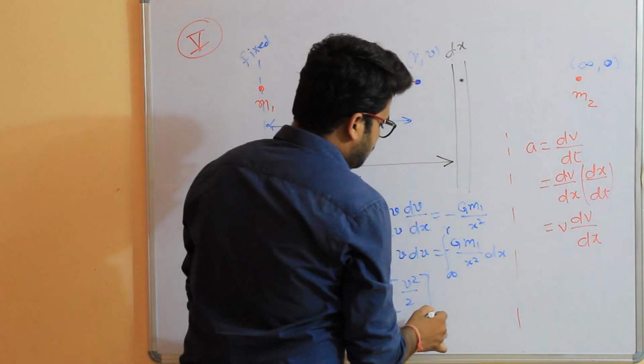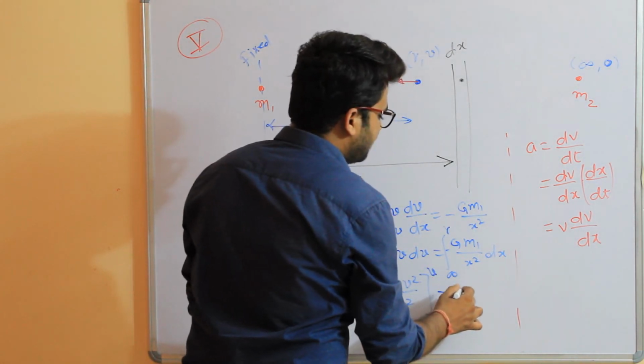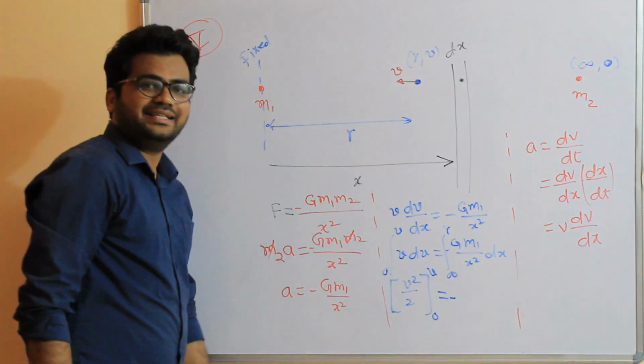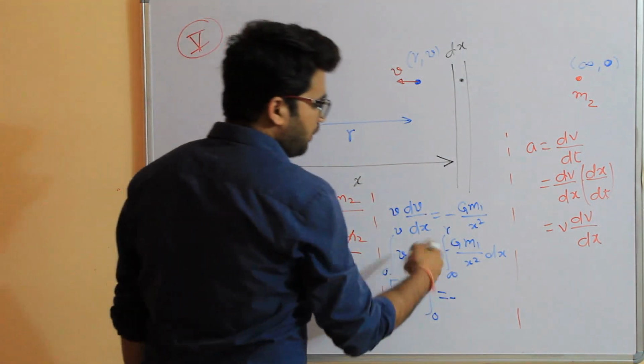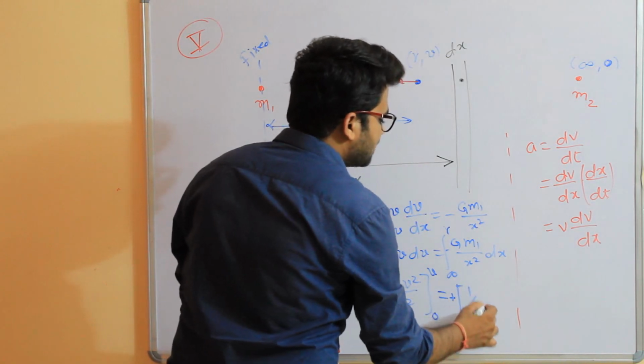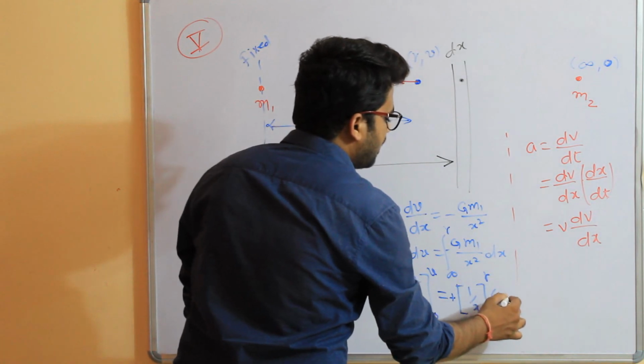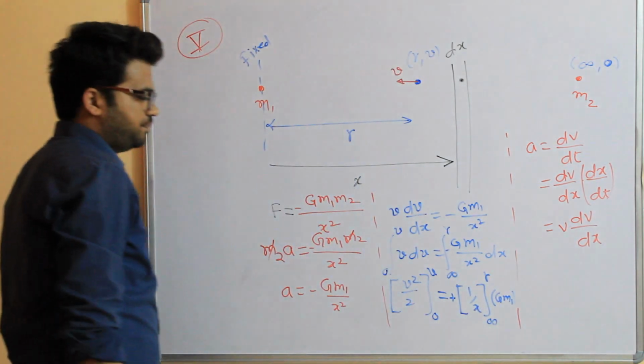Okay, now this is from 0 to v, which is equal to minus, and the integration of 1 by x square is minus 1 by x, so minus minus plus, so directly I am writing plus in bracket 1 by x from infinity to r, and this G M1 is constant.